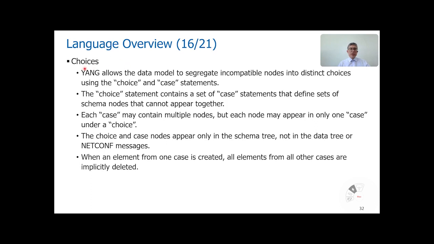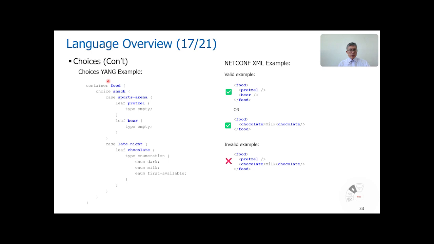And choice is like a switch case statement in C. So the choice is a kind of switch statement. The case is a case statement for selection. So here, the container is a snack. The snack is a kind of switch statement; the snack value depends on the choice, and then it is sports-arena or late-night.